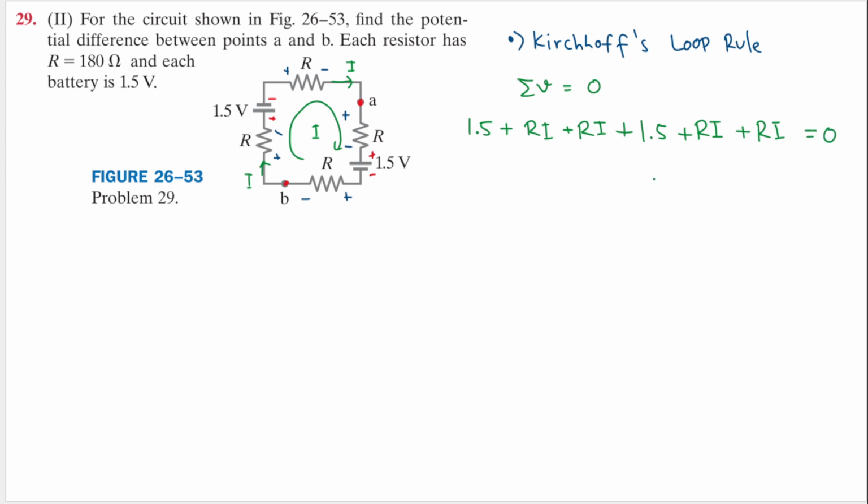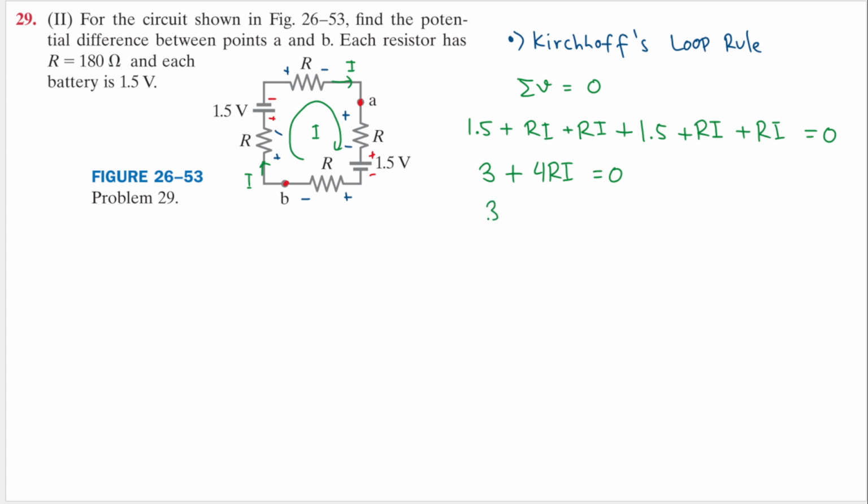Now let's do some little arithmetic here. So I will have 1.5 plus 1.5, that will be 3. And then we have 1, 2, 3, 4 terms of RI, so I will have plus 4RI, and all of that will equal 0. We know that the resistance is 180.